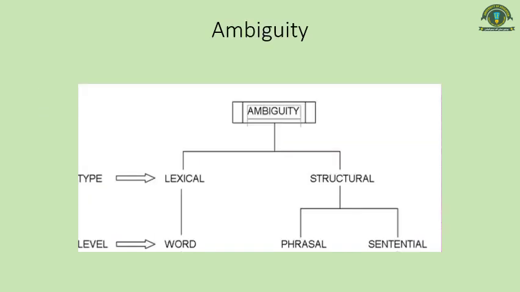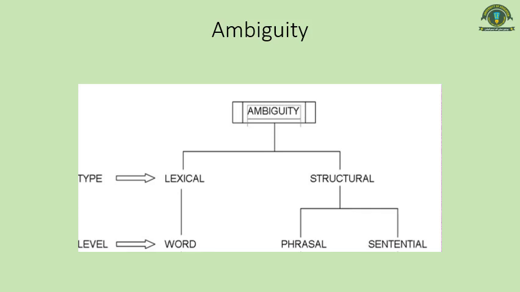Let's discuss the ambiguity at these 2 levels of sentences. Ambiguity can be at the lexical level or it can be at the structural level. If we find a word that is ambiguous and it is creating an ambiguity, it would be the lexical ambiguity.